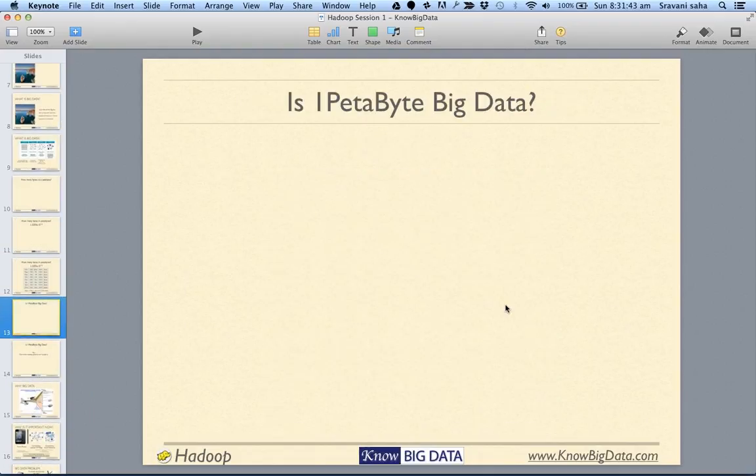All right. So we talked about two things. First is what is big data? We said anything where you require distributed computing, meaning you require multiple computers to solve your problem, is called big data. And then we talked about a petabyte of data. A petabyte is 10 to the power 15 bytes. So my question to you is, is a petabyte big data? Do you think a petabyte qualifies to be big data?